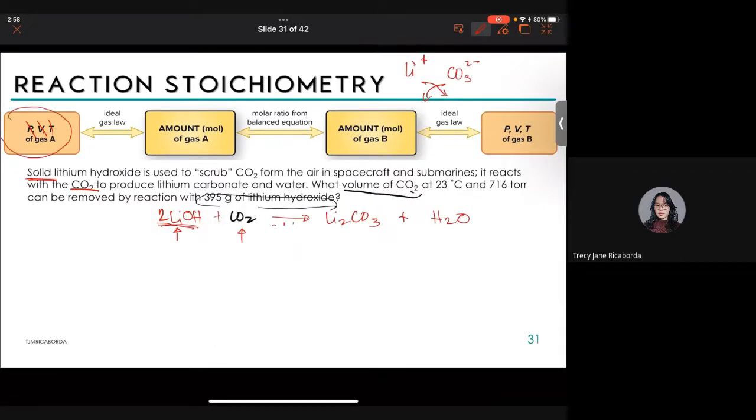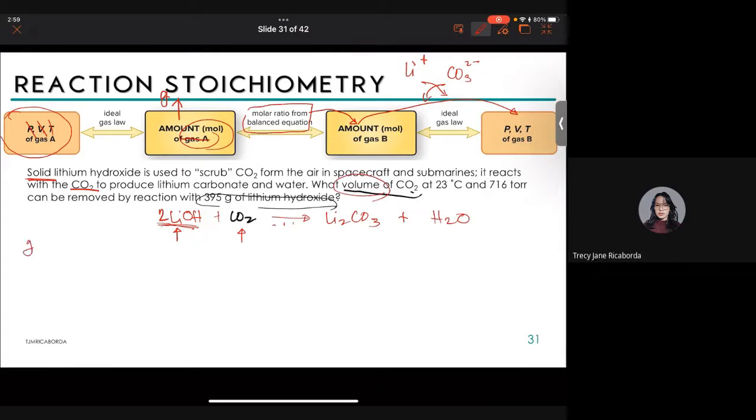So, we are not going to start here in the flowchart. We're going to start somewhere here, because you convert grams into moles, but not necessarily a gas. And then we'll use the molar ratio from the balanced equation to get the moles of the second compound. And then for the second compound, we convert to the quantity we're looking for, in this case, volume.